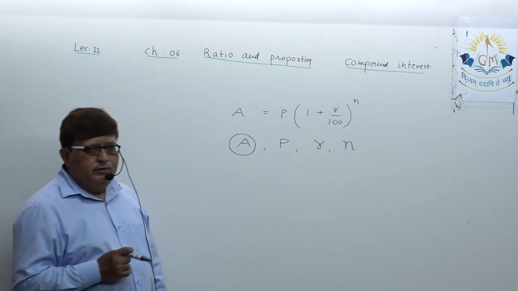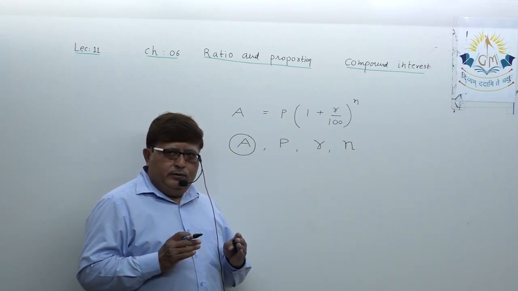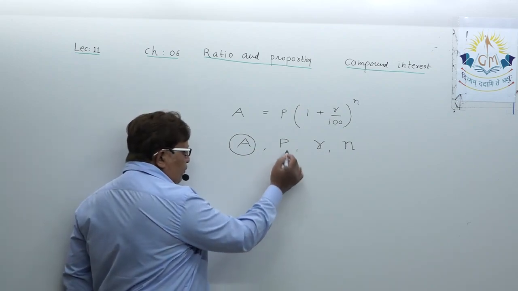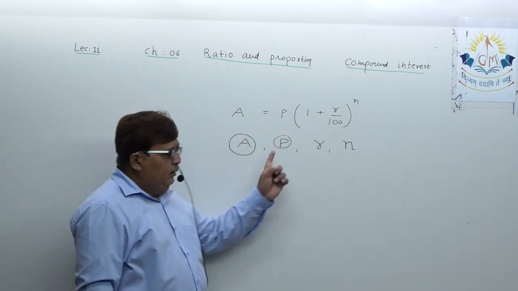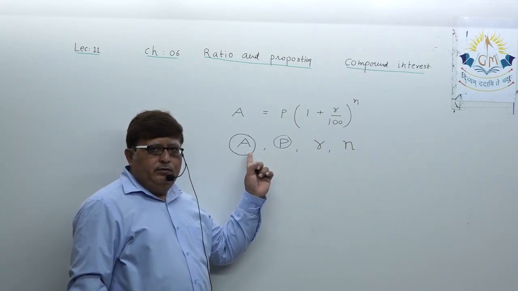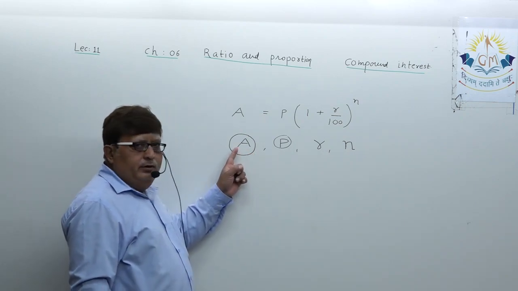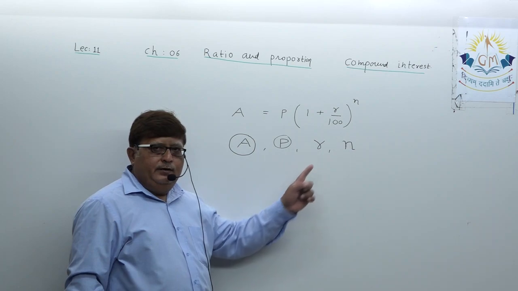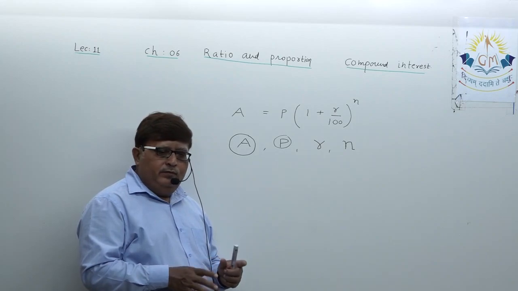Now, dear student, in today's lecture, we are targeting those examples where you will have to find principal. But to find principal, you need the knowledge of the rest of the three variables, which are amount, rate of interest, and number of periods. So mind one thing very well.